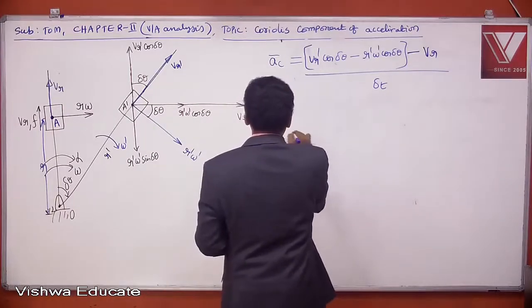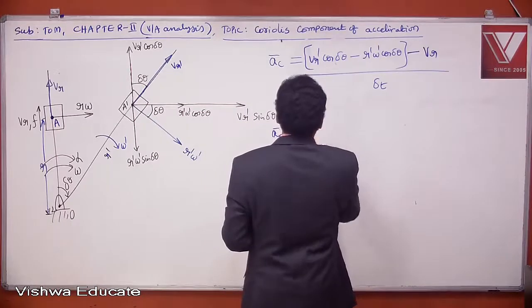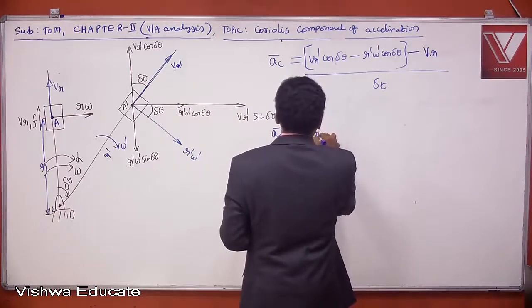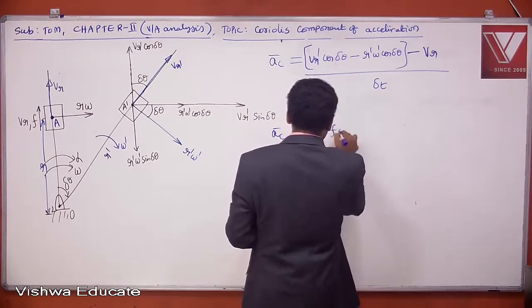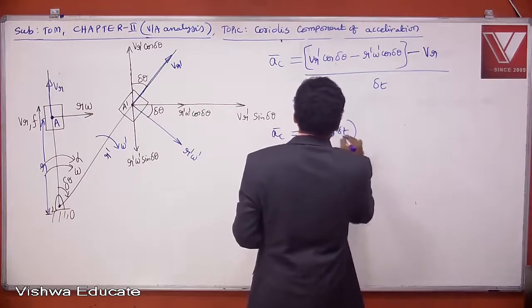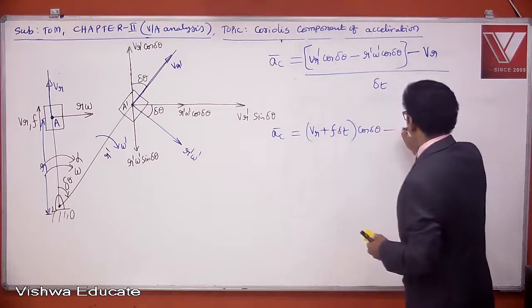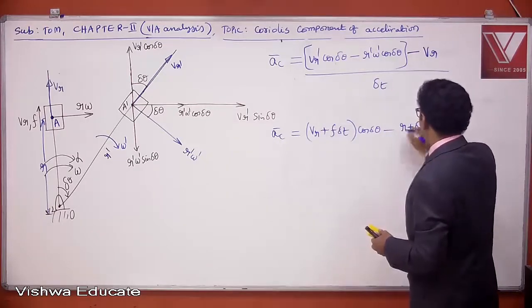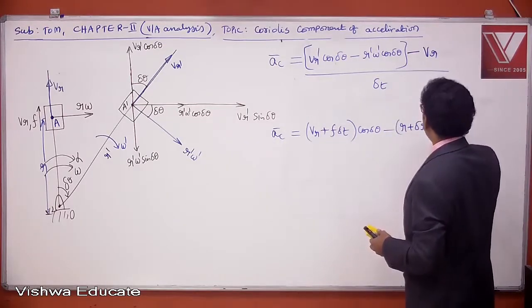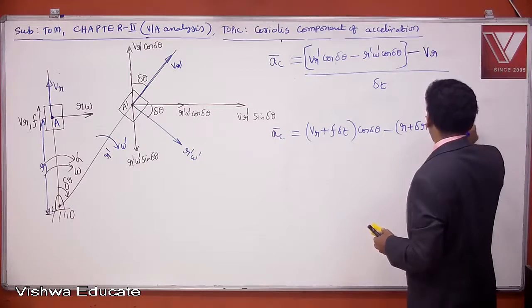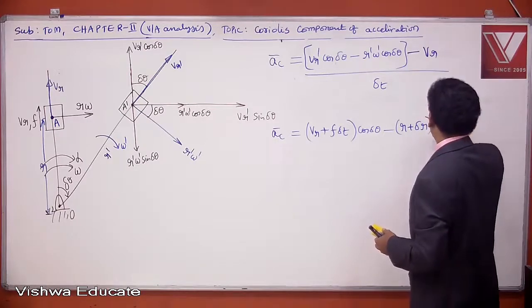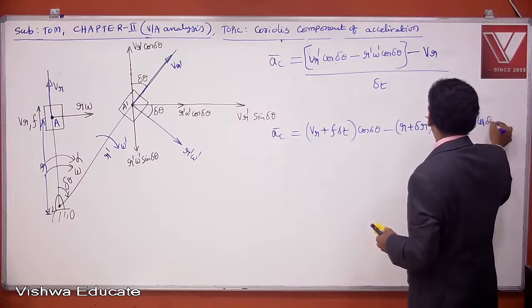So A bar C is equal to VR plus F into delta t cos delta theta minus R plus delta R into omega plus alpha into delta t into cos delta theta.